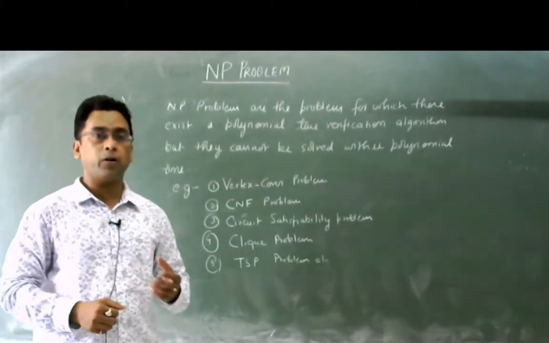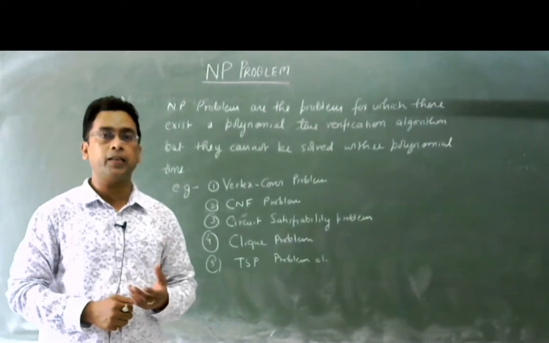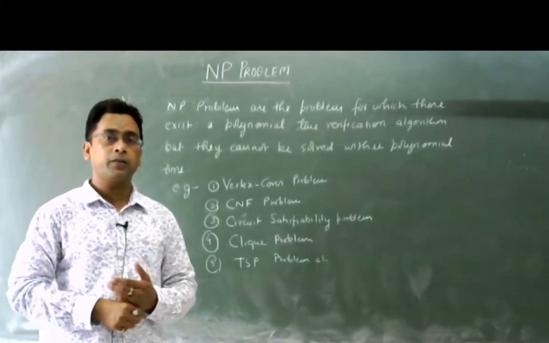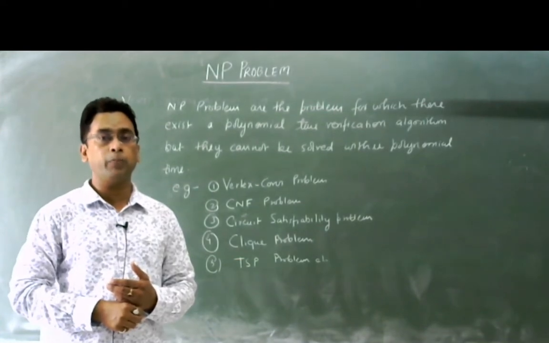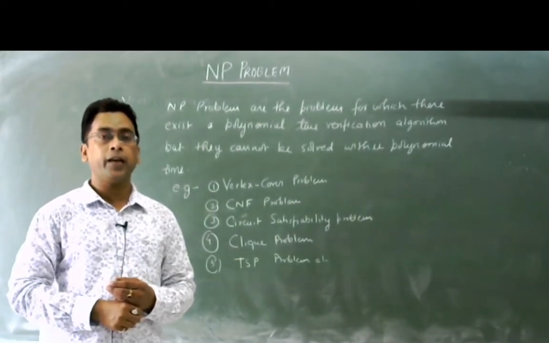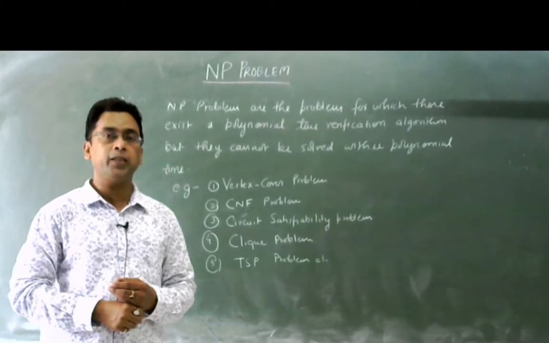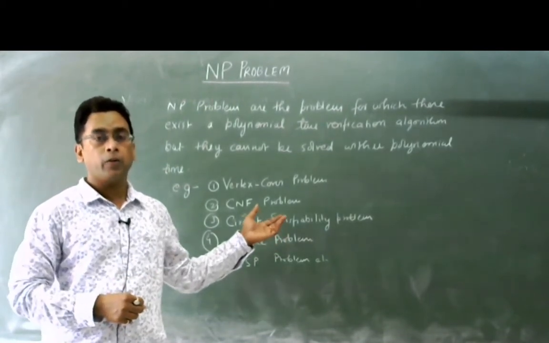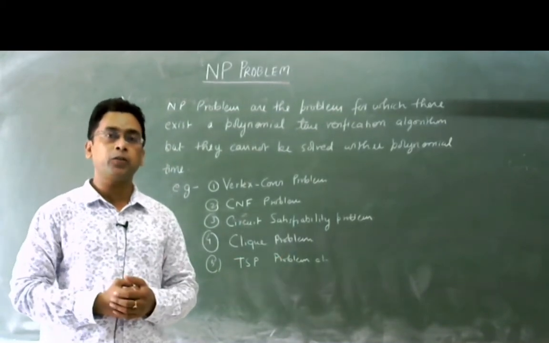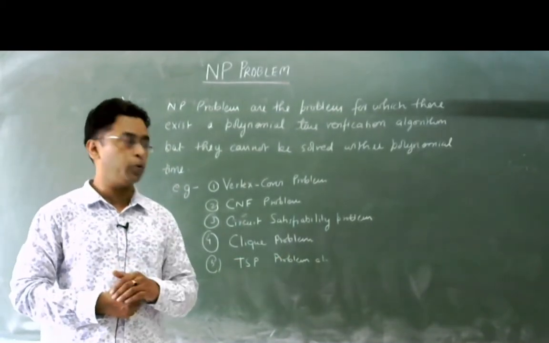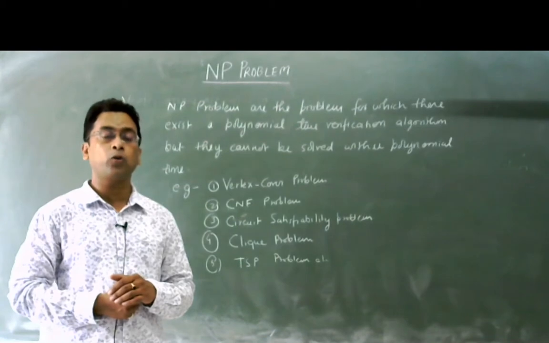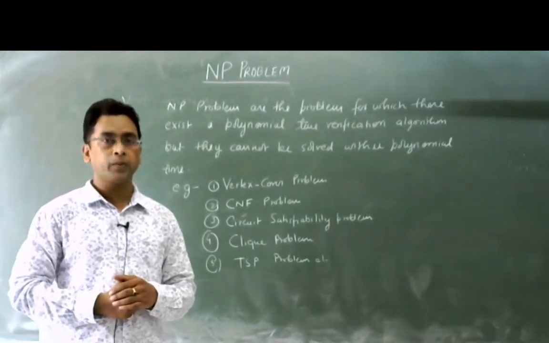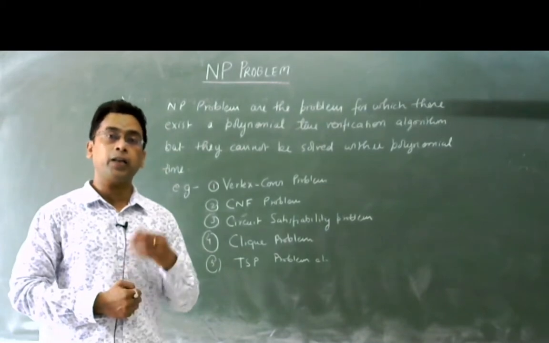So there are many problems which you considered to be polynomial problems, but they are not necessarily polynomial problems every time. There are situations when these problems become so large that they become NP problems, meaning it is not feasible to solve the problem or get the solution within polynomial time, because there is no guarantee that you will get the solution.